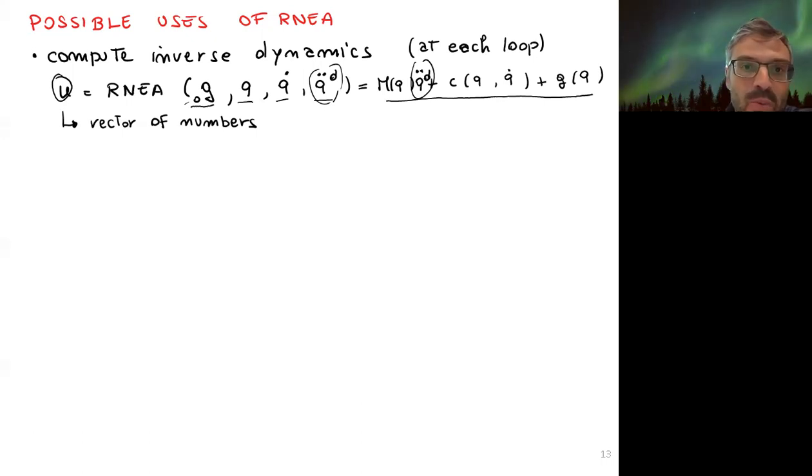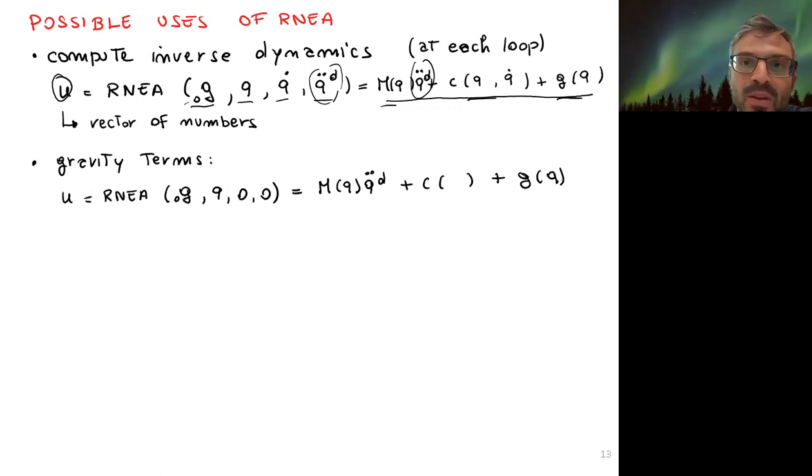But you might want to compute these terms separately. So there are some tricks to get the gravity terms. You, in essence, provide the gravity vector, of course, and put zeros for q dot and q dot dot. If you put 0 for q dot dot, you nullify the inertia term.